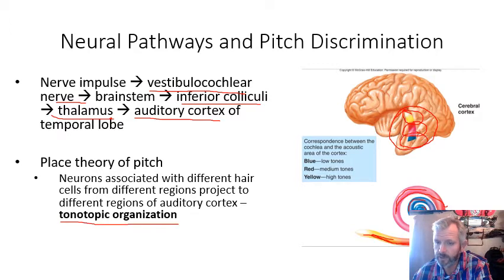Right, so where the brain is getting information, if it's getting stimulated here, there, or there, it can determine and give you a perception of pitch. All right.